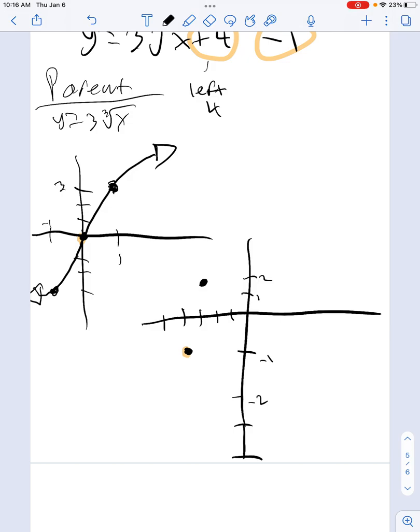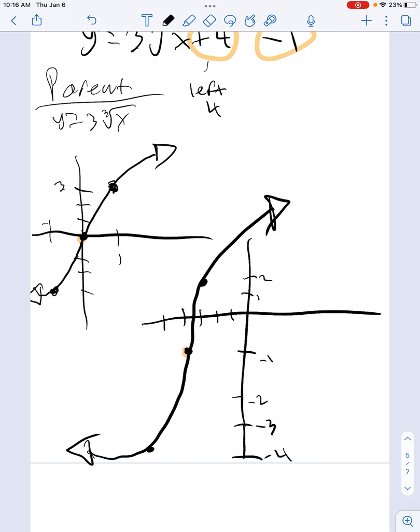Going to make it a little bit longer. Negative 4, negative 4, and to the left 1 over here. So my spacing was a little off, but that's going to be my translated function. This is y equals 3 cubed root of x plus 4, minus 1.